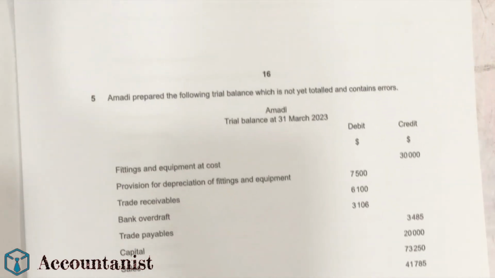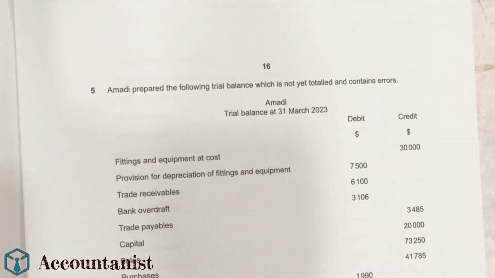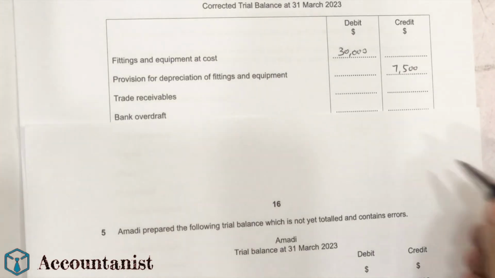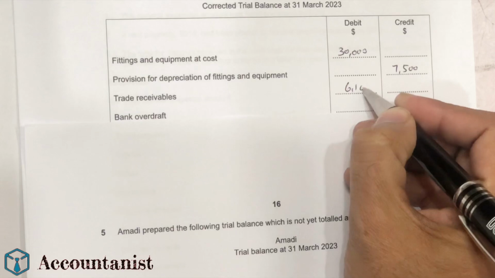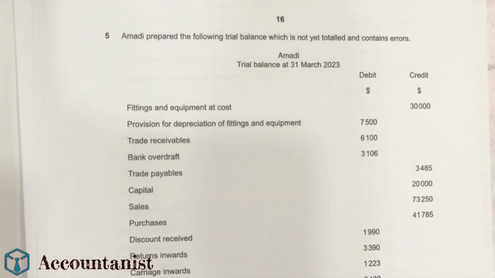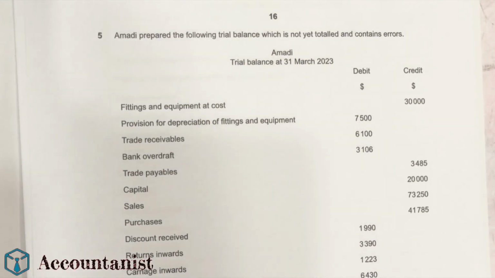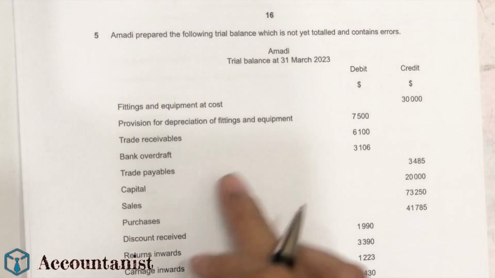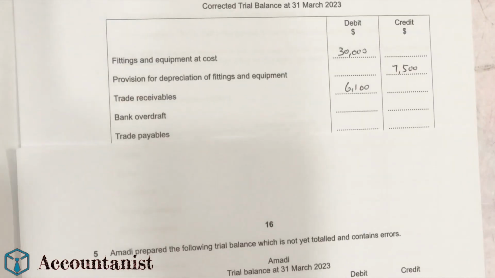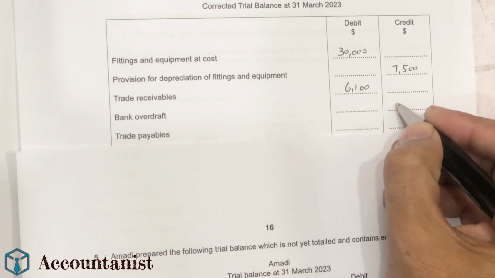The next figure is trade receivables 6,100, so it comes up on the debit side. The next figure is bank overdraft. It's our liability, and liability comes up on the credit side, so 3,106 will be on the credit side.